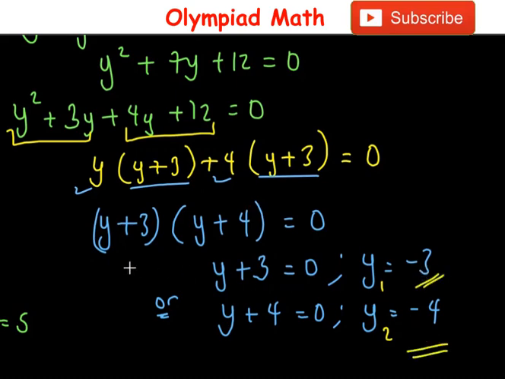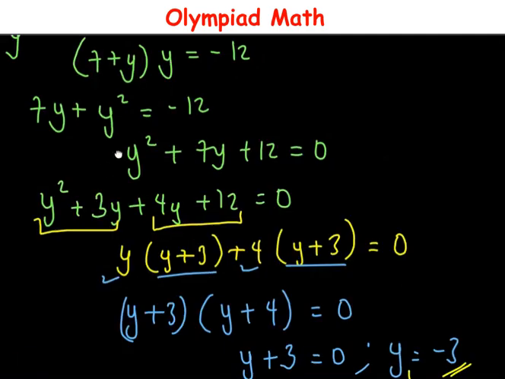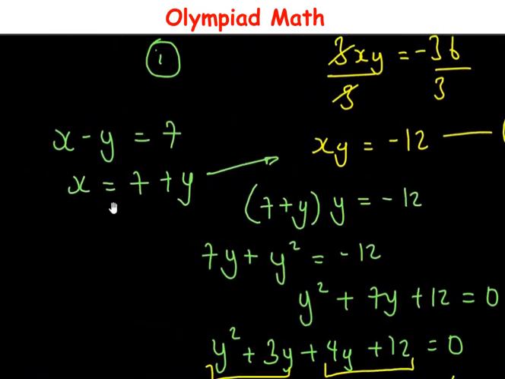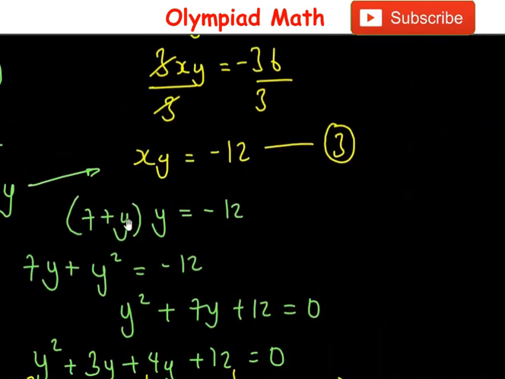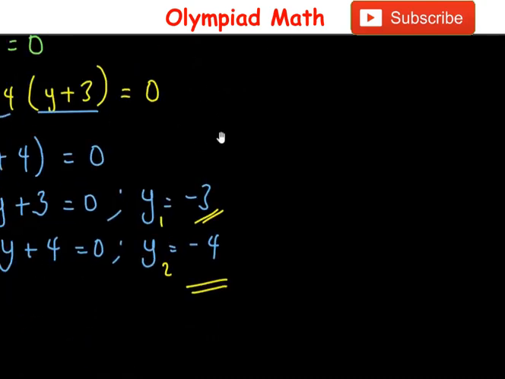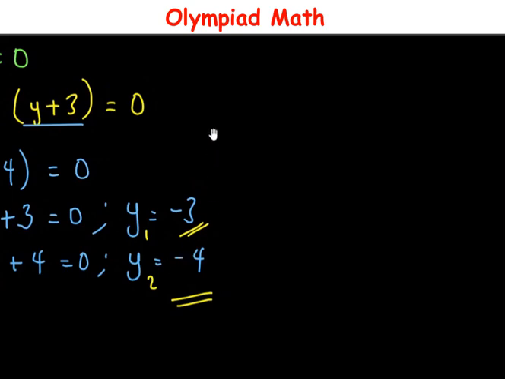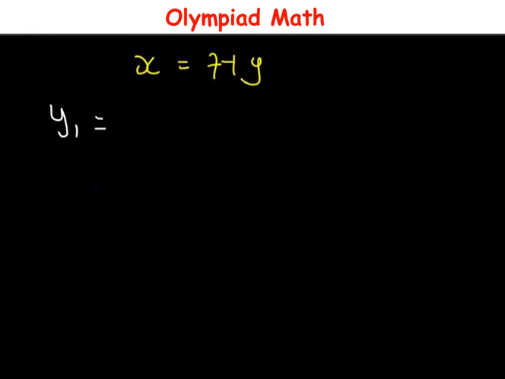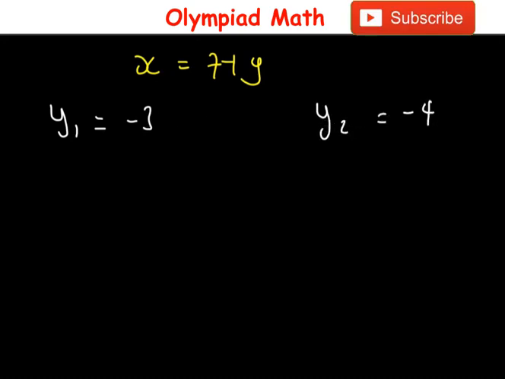The next thing is to get the solution of x, making use of the equation x equals 7 plus y. We got the solutions y1 is minus 3 and y2 is minus 4.